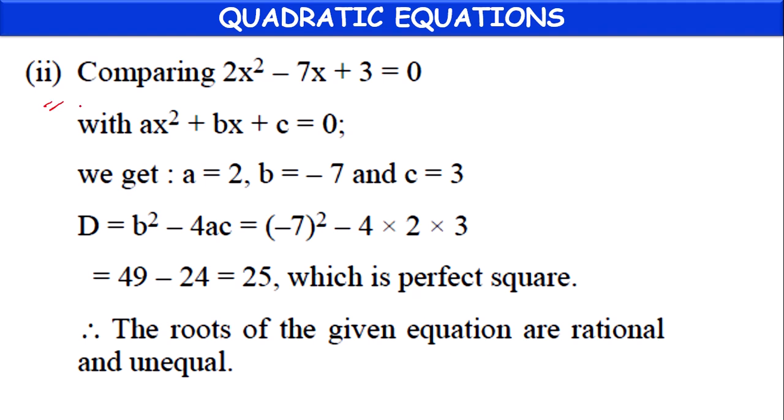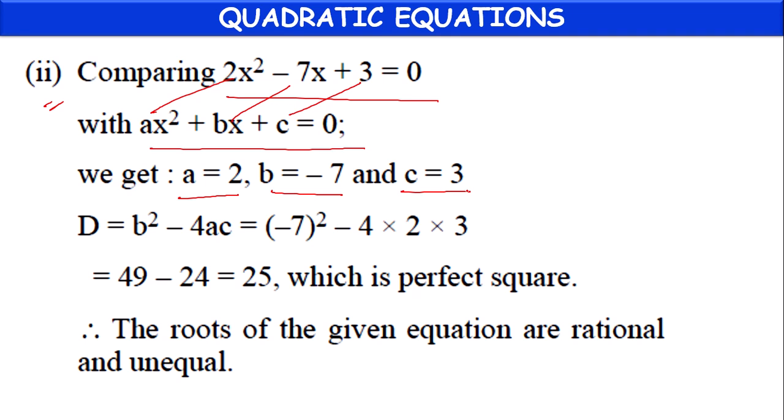Next, the second one. Comparing with the general form of the quadratic equation, we get a equals 2, b equals minus 7, c equals 3. Finding the discriminant b square minus 4ac, we get minus 7 whole square, 4 into 2 into 3.